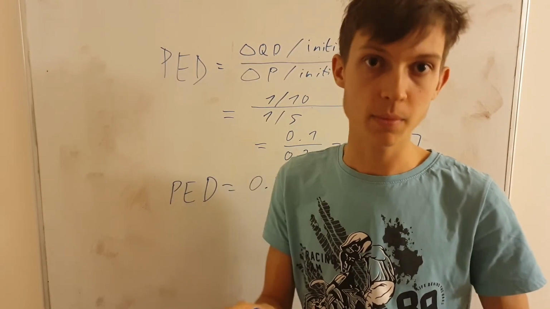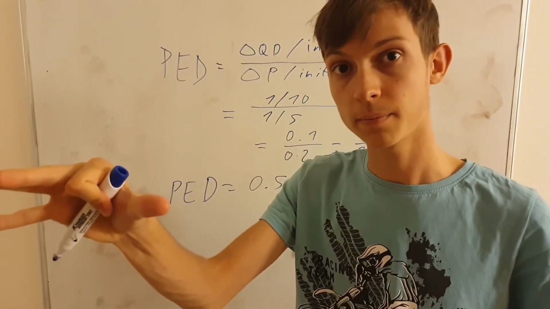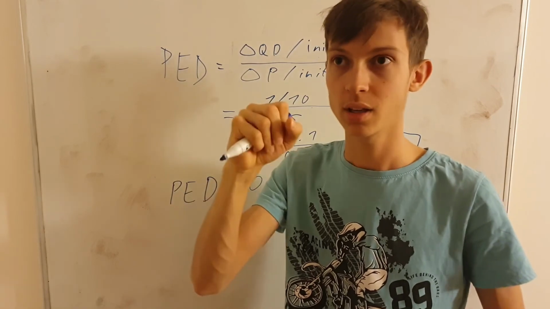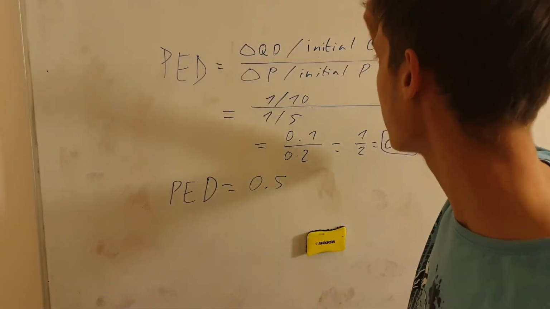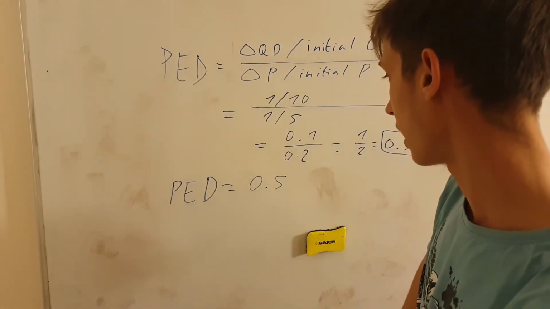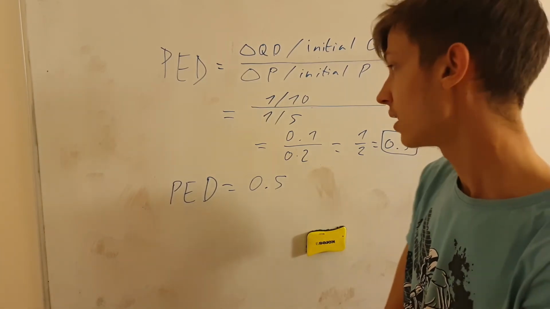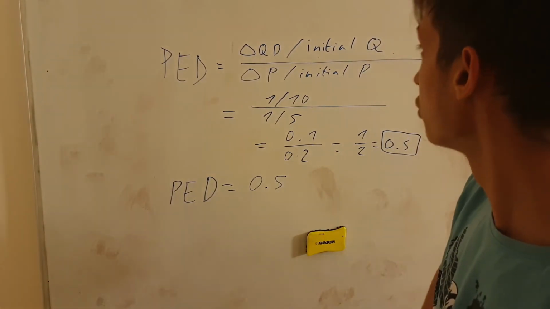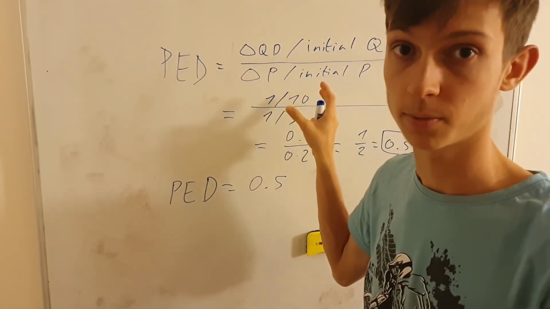And then there are other special cases, for example, when PED is equal to exactly 1, it is unit elastic because the proportionate change in quantity demanded and price was the same. Okay? And so on. And if it is 0, it basically says that there's no change in quantity for whatever price change.